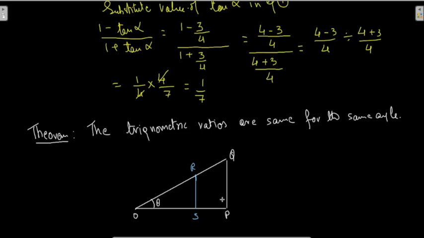Now, this is a right angle triangle, so this angle is 90 degrees. Here we have dropped a perpendicular, so this angle is 90 degrees. So these two perpendiculars are parallel to each other. If these two lines are parallel and this is the transversal, then these angles are corresponding angles.